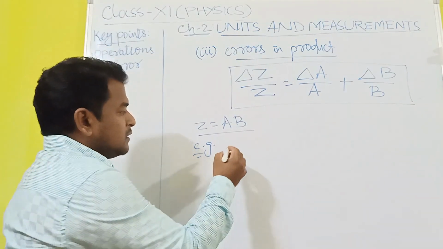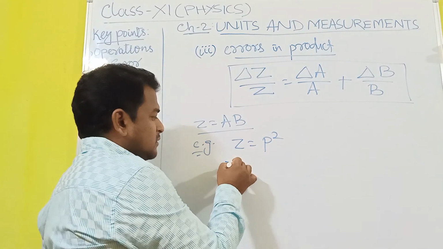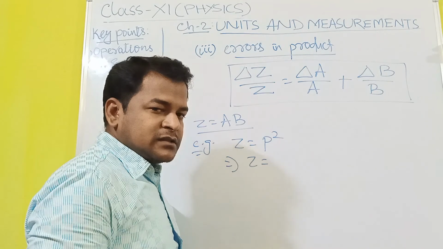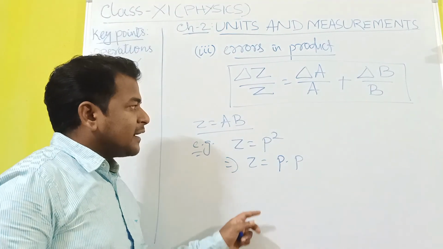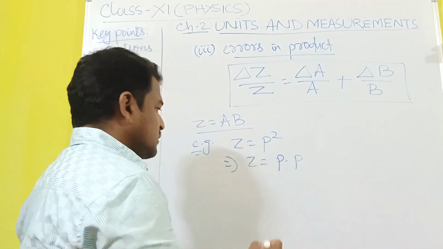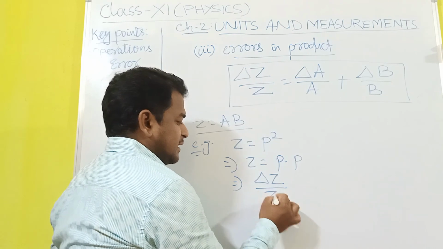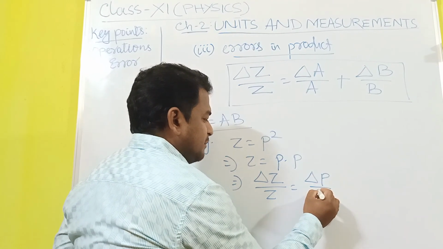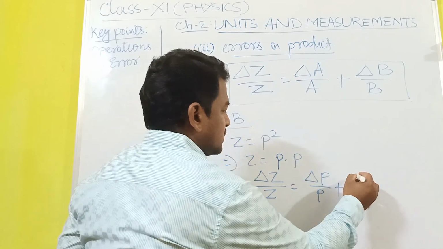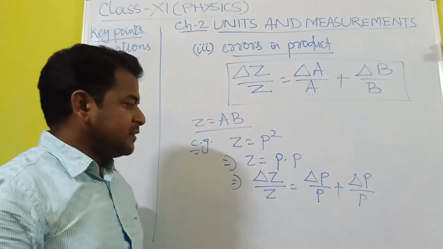One more example we will do. Suppose Z equal to p square. Now here p square means p into p, right? So according to this formula, we can write delta Z by Z equal to delta p by p plus delta p by p, right?